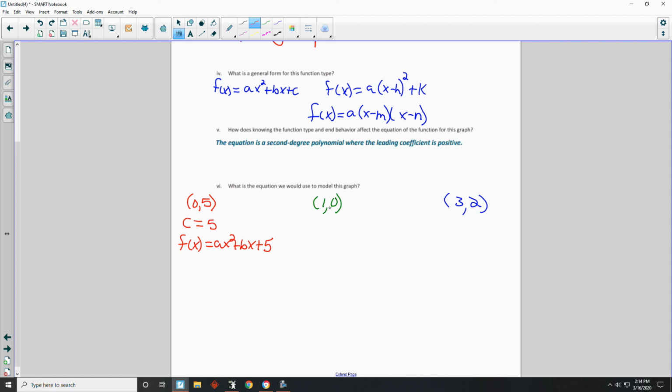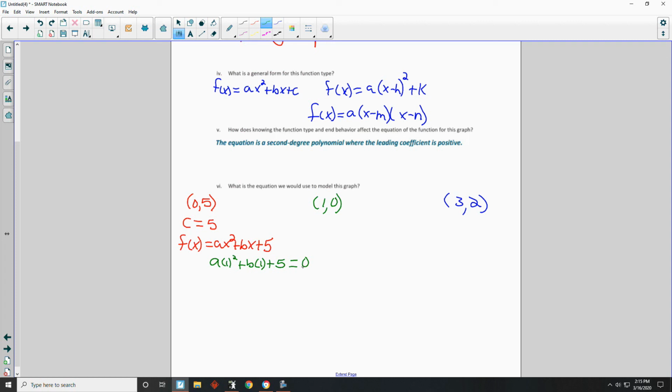Okay, now substitute the other 2 ordered pairs to form a linear system. So now if I use the point (1, 0), I'll switch to green for this. Now x is 1, so that would be a times 1 squared plus b times 1 plus 5, and that equals 0, because f of x is y.